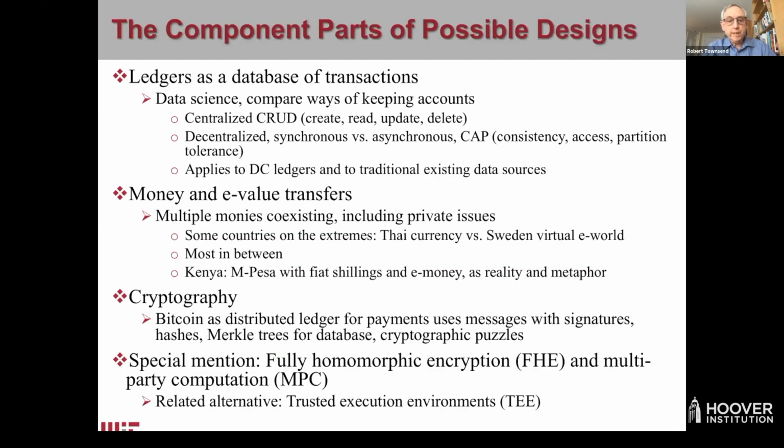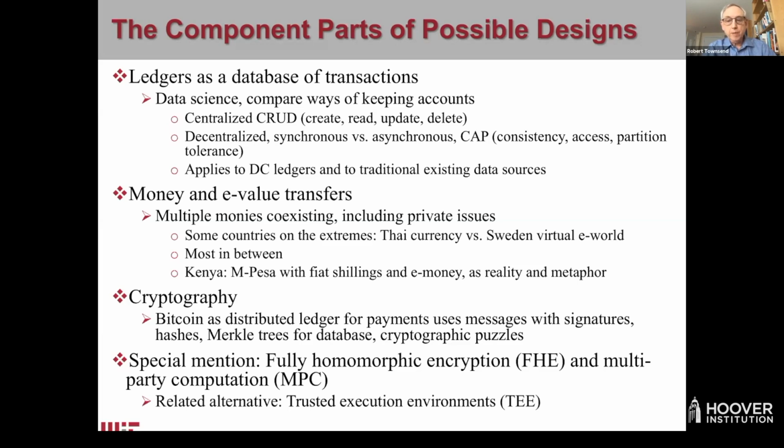So let me say just a little bit more about the component parts, the individual pieces. I think it's really important to make these distinctions because it often becomes pretty cloudy without making the distinctions. So I'm going to talk about ledgers, e-value transfers, and cryptography. So ledgers, as in a database of transactions.